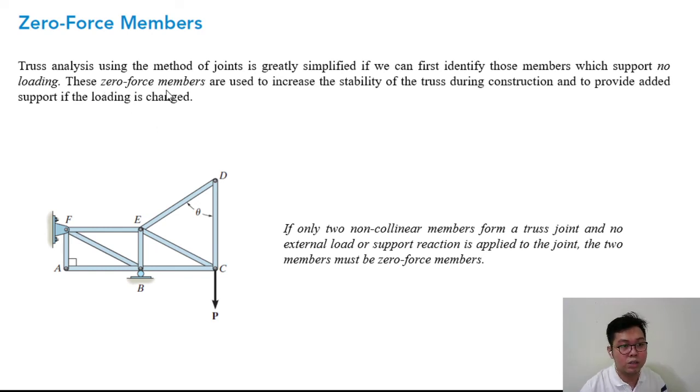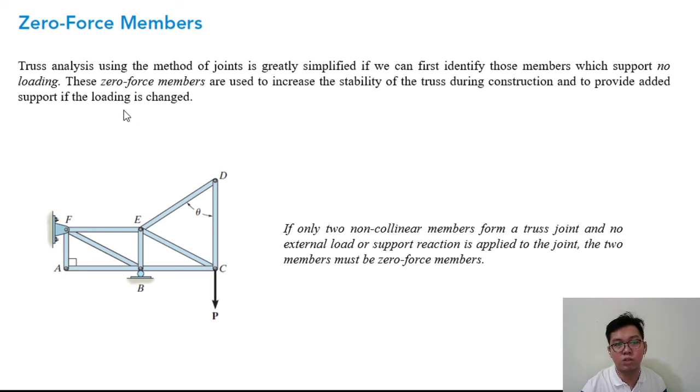Tingnan nyo, these zero force members are used to increase stability. Pwede kasing hindi stable yung truss mo if ever wala tong member na to. Although walang force yung member dyan, that is para sa stability. Stability of truss during construction and to provide added support if the loading is changed.